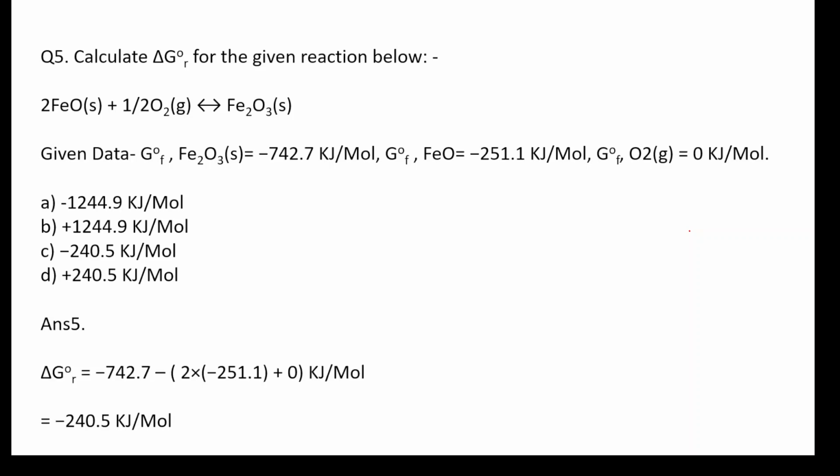Okay, we'll see the answer. So the correct answer is option C, because it is product minus reactant. So what was for the product? Minus 742.7. Okay, so this is minus 742.7, and then we will subtract the reactant, and it is 2 into minus 251.1. Okay, and for element it is taken at 0 standard condition, so that is why it is 0. Then the answer will be negative.